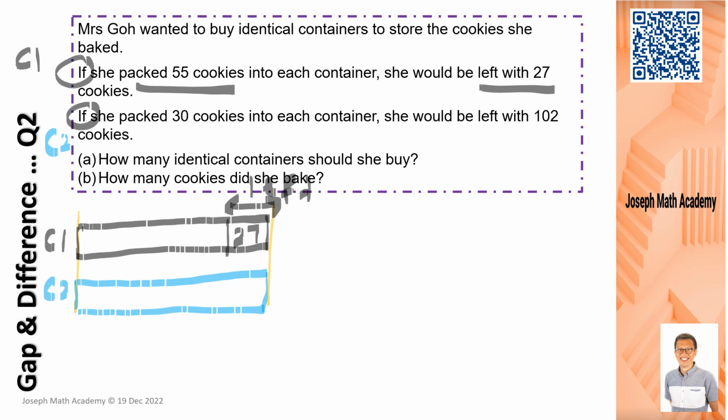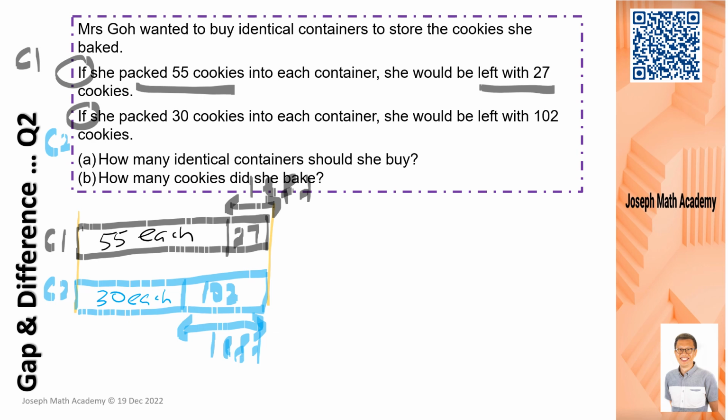Now over here, I will write down 55 each given away. Next one, the person gives 30 each. So I think 30 each will be here, and it ends here. So this will be the 102 cookies left.